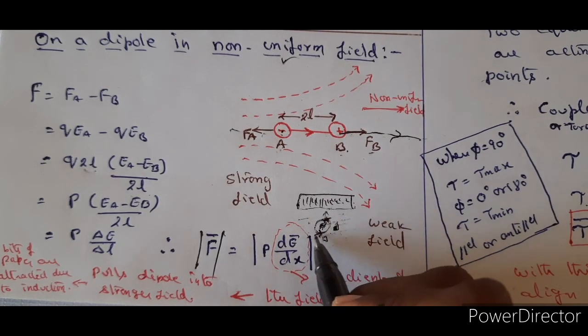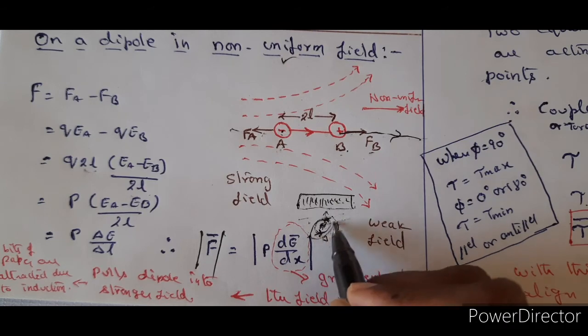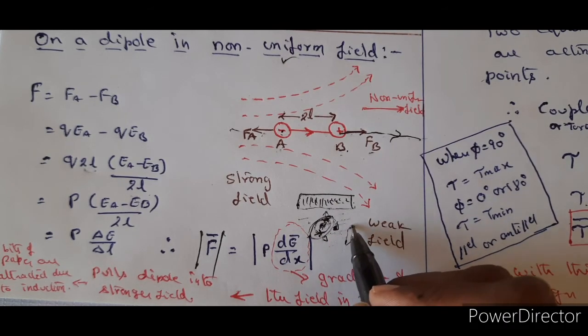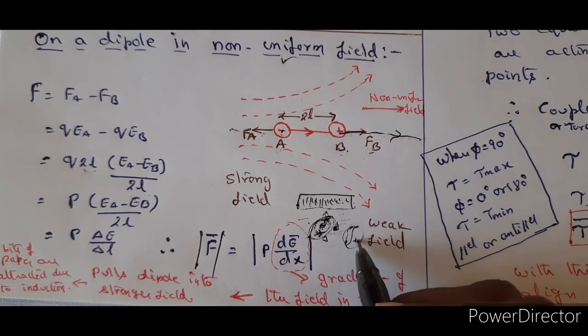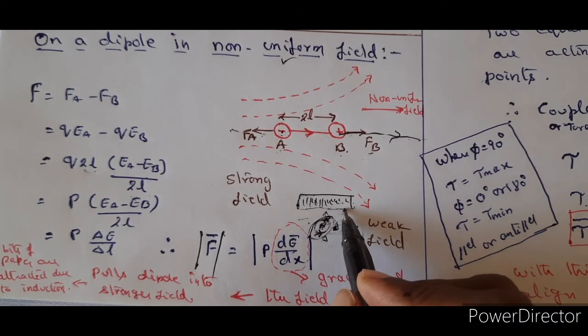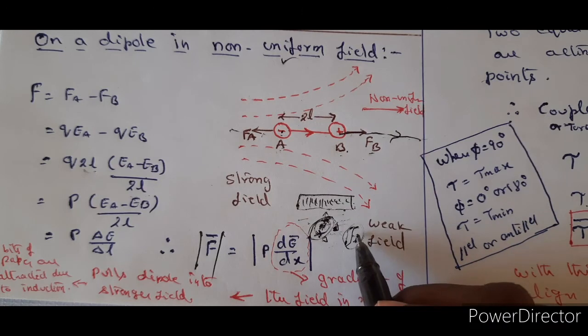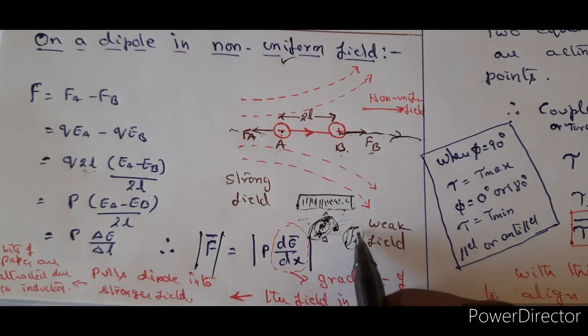That means this paper strip will now act as a dipole. So this dipole is getting attracted by the comb, and thus it is moving. Now, where is this dipole?